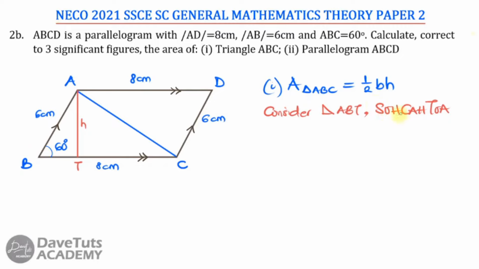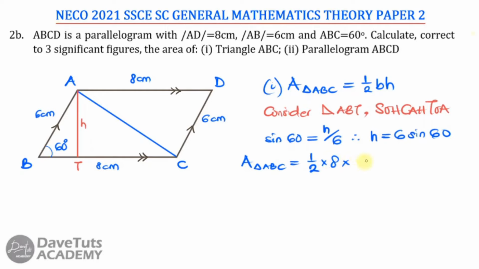Sine is opposite over hypotenuse, so sine 60 equals h over 6. Therefore, our height is 6 sine 60, okay? So the area of the triangle ABC that we are looking for is 1 over 2 multiplied by the base, which is 8, multiplied by the h, which is 6 sine 60.